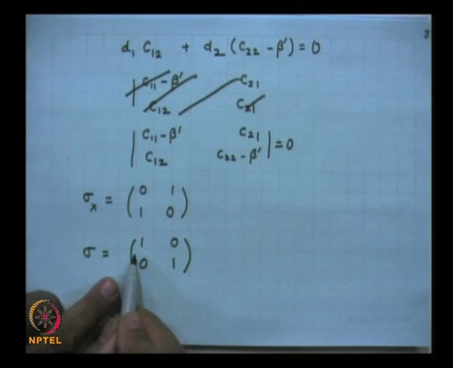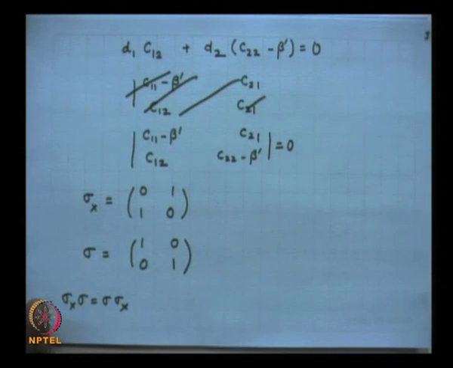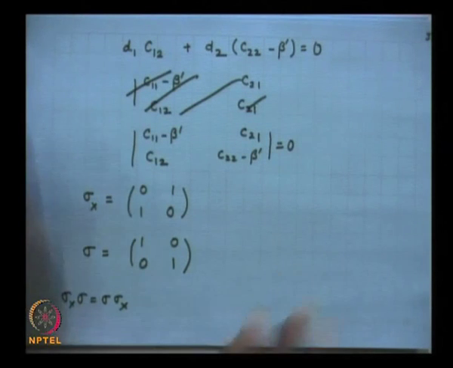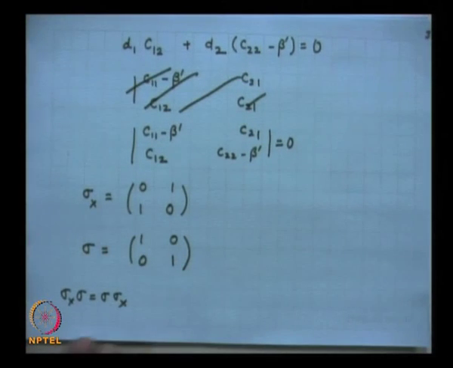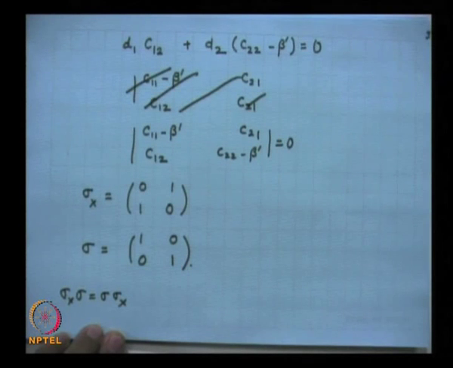Now, sigma x and sigma commute with each other. They are both Hermitian matrices. Therefore, we must have a complete set of eigenkets, but not all eigenkets of sigma will be eigenkets of sigma x.